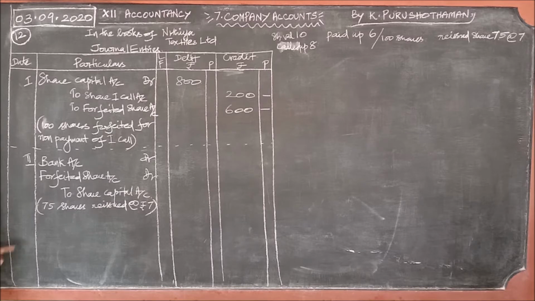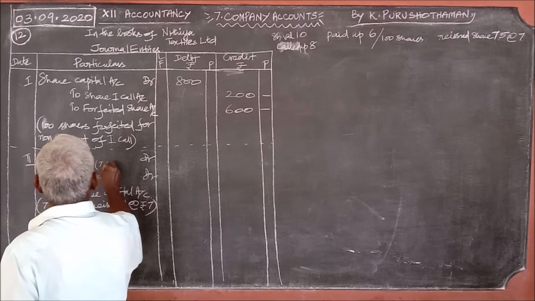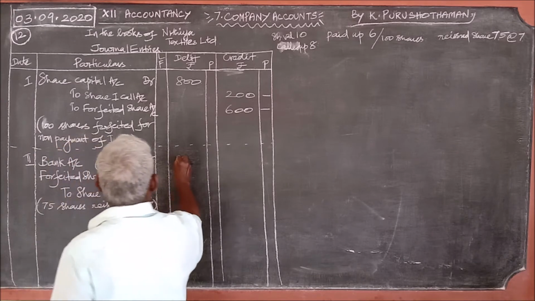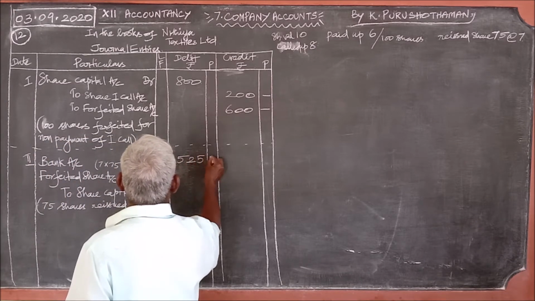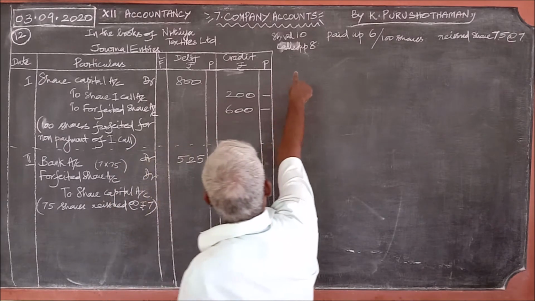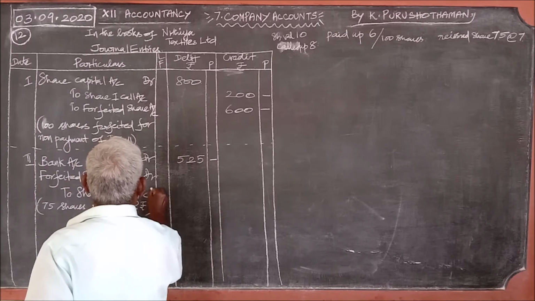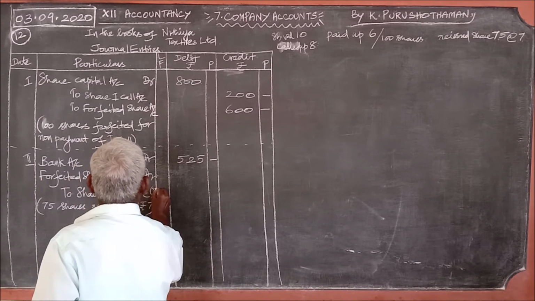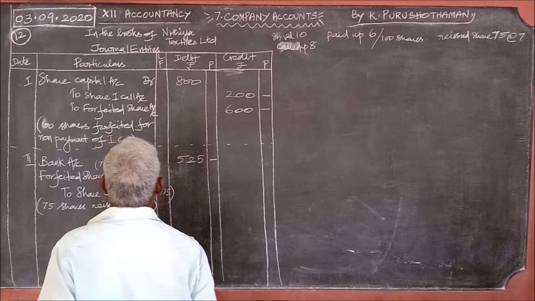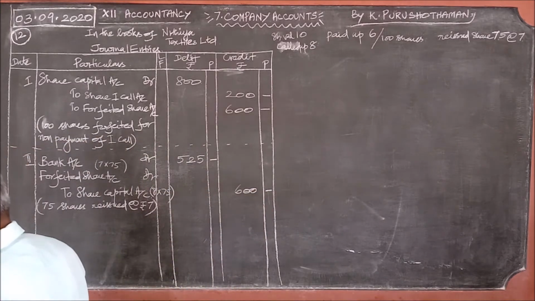So 7 into 75, that is 525. But for the same 75 shares, the called up amount is 8 rupees, 8 into 75, 600 rupees.